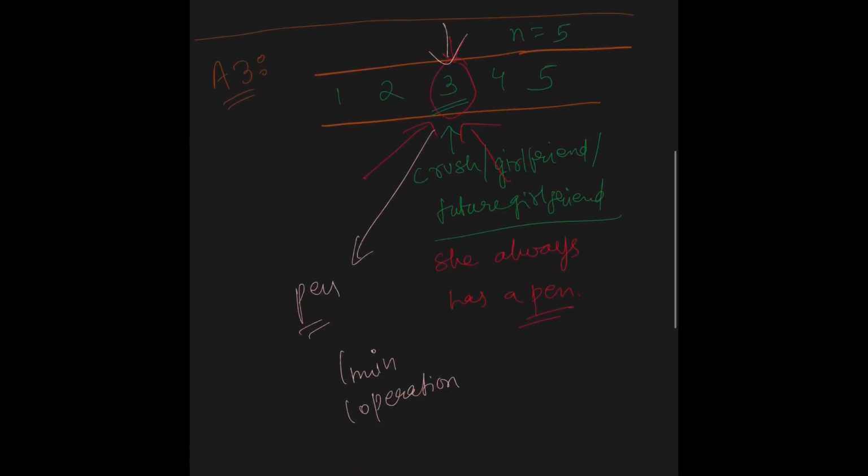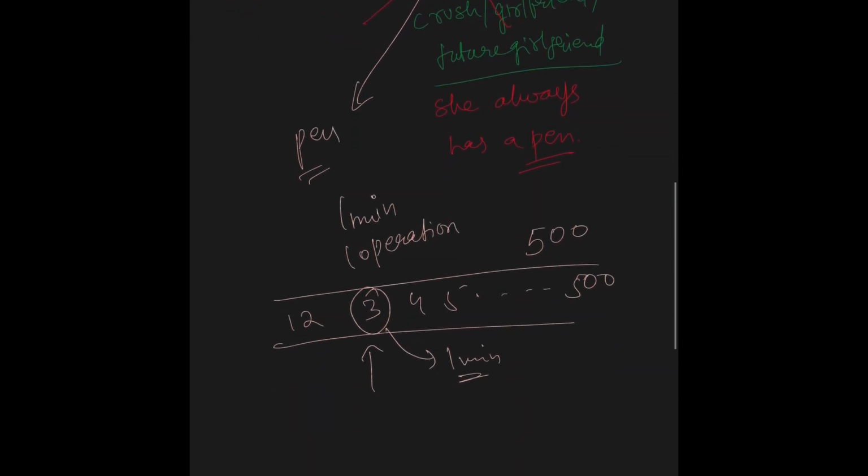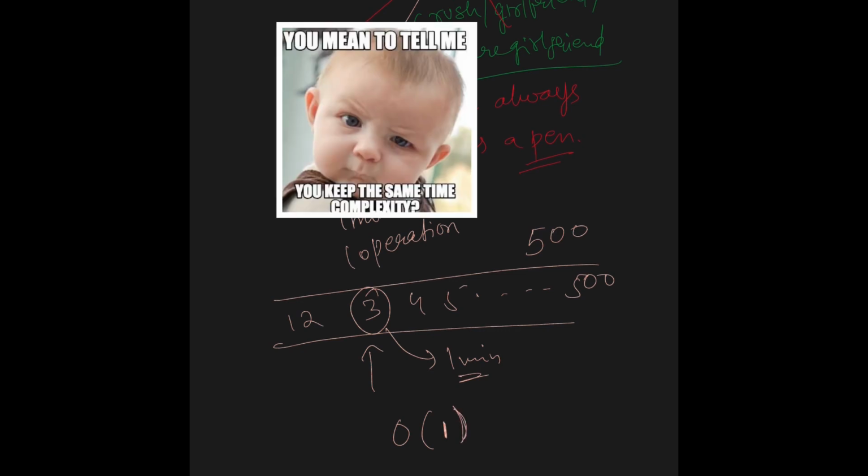Irrespective of the number of students in the class, even if I have 500 students, I always go to her, get the pen in 1 minute. So an algorithm like that would have a constant time complexity, which we define as O of 1. Cool, which means it always takes 1 unit of time.